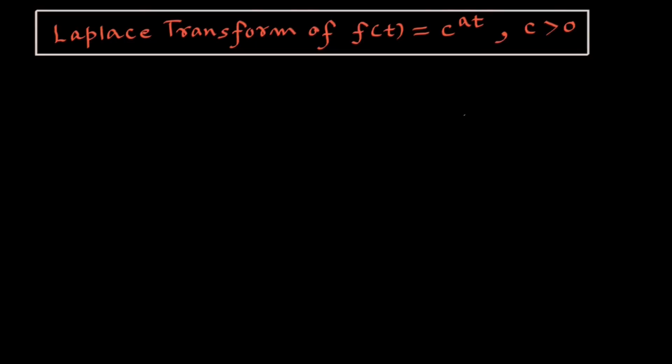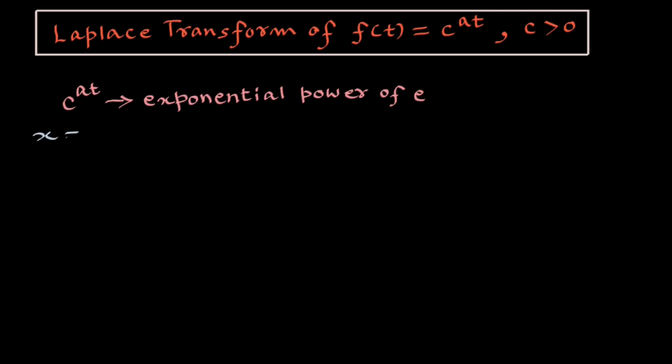We will see how to find Laplace transform of c raised to at. But before that, let us express c raised to at in terms of exponential power of e. We assume x to be c raised to at. Taking logs on both sides, log x to the base e will be log c raised to at to the base e, which is at log c to the base e.